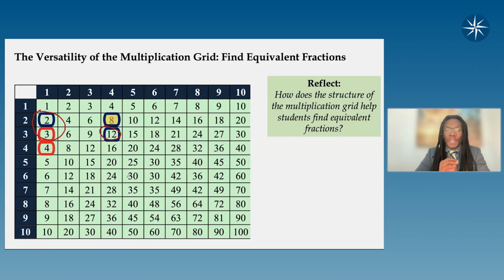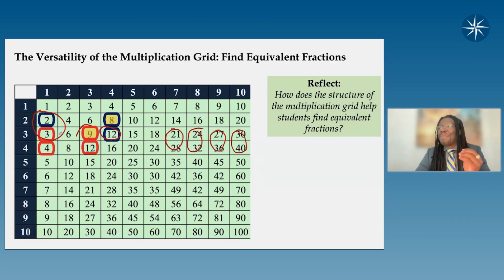Let's do 3/4. We know that they need 12 again in that column because 12 is the LCD. We know it's 9/12. We need some other equivalent fractions. What is another equivalent of 3/4? This is an equivalent, this is an equivalent, this is an equivalent. Now you can ask students, what do you notice?